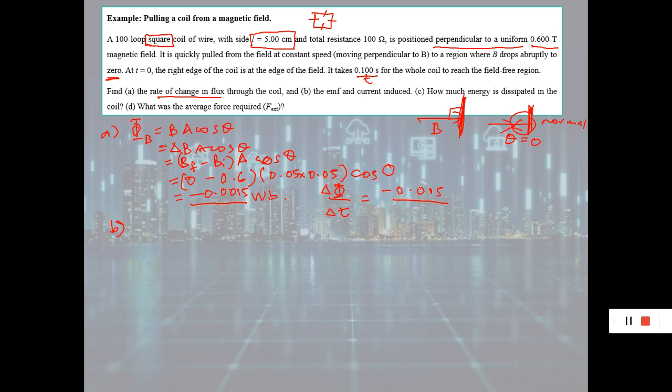So it takes 0.1 second, so you will get negative 0.015 Weber per second.